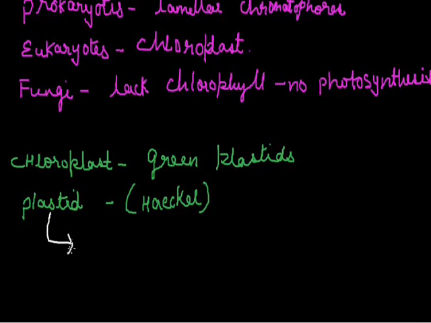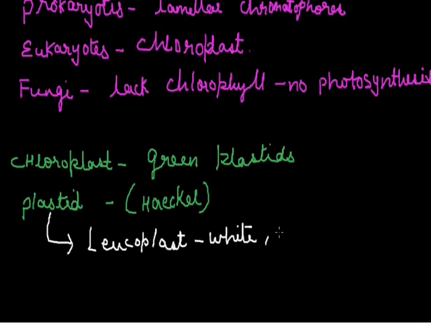First is leucoplast. They are white in color, found in the underground parts of the plant, and are useful in storage.